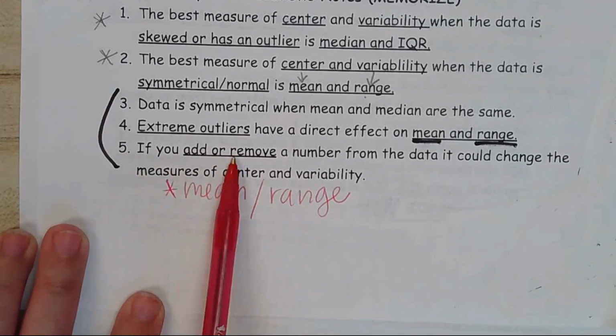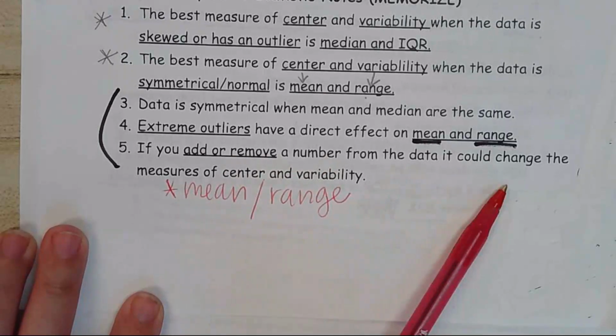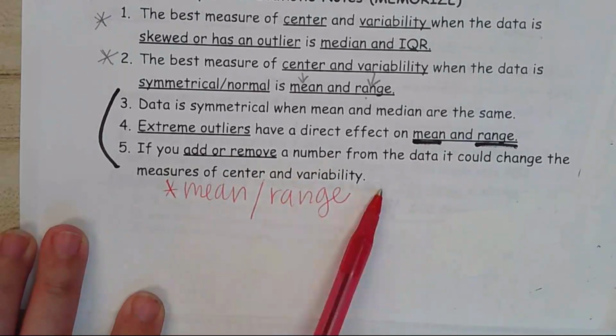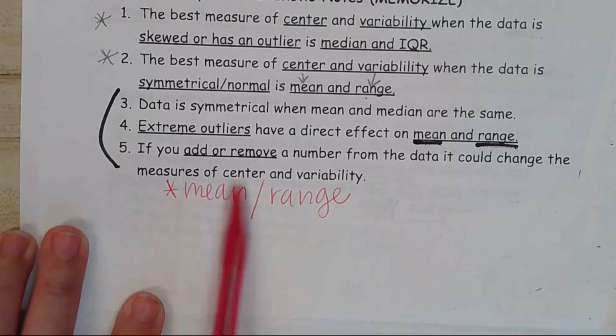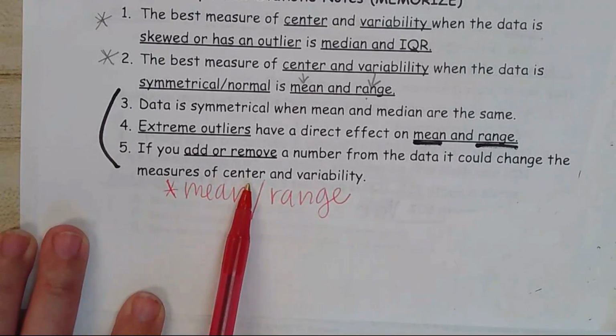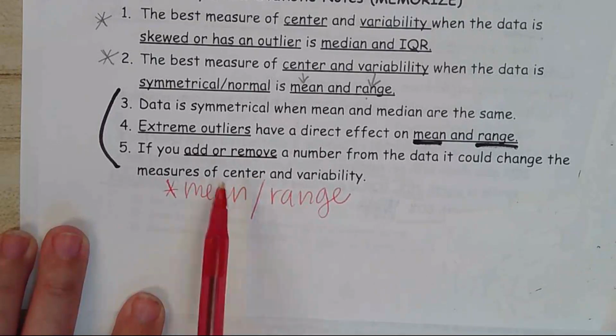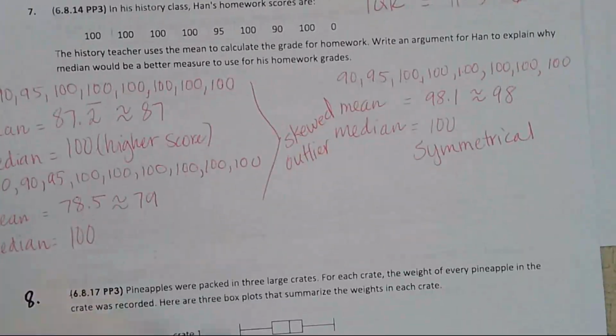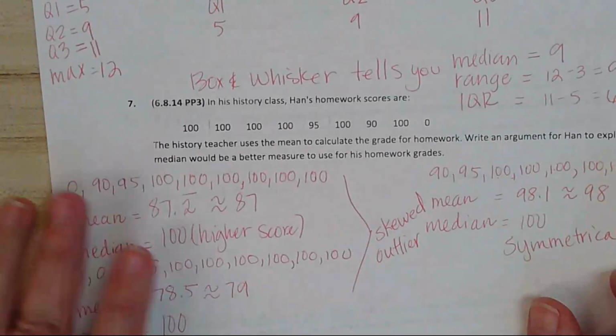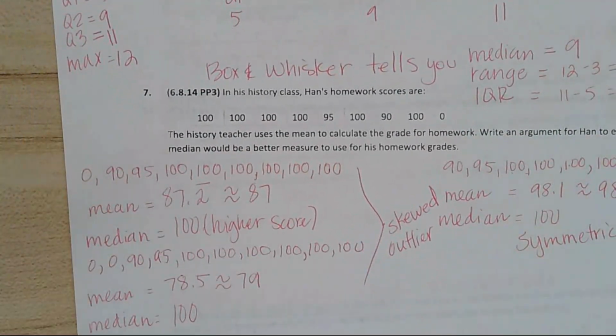If you add or remove a number from the data, it could change the measures of center and variability. Does it change all measures of center? No. What stayed the same on our work earlier? What else would have stayed the same? Think about another measure of center. We've talked about mean, median. What's the other measure of center? Mode.